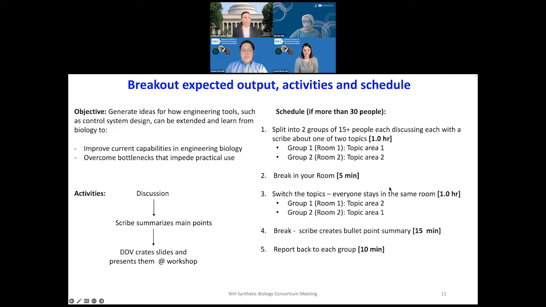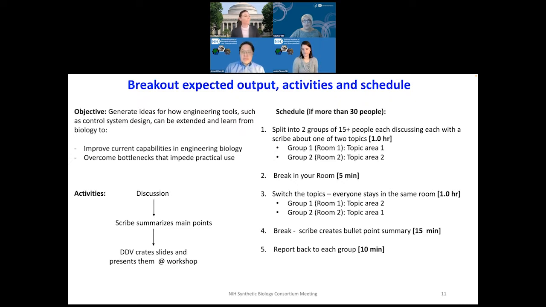And so now we can take a peek at how many people there are. It looks like we are probably around the threshold value that we set in order to either split into two groups or stay in one group. I would say it's probably 24 participants. Is that about right? Then probably we can stay in one group.